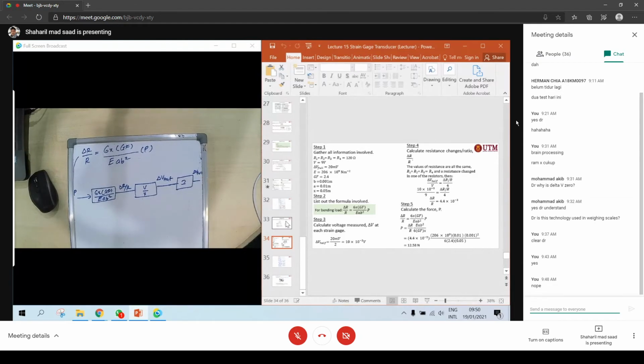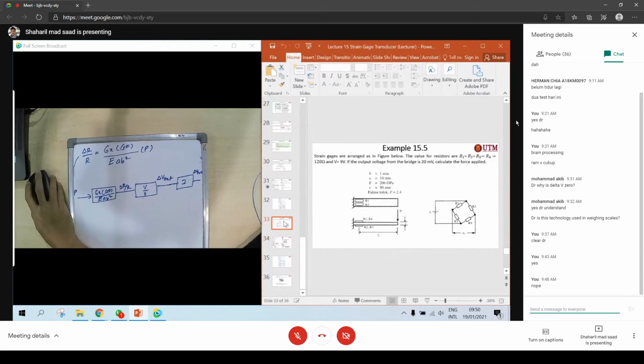However, in this case it gives you the output voltage of the bridge is 20 millivolt. So this one the output is 20 millivolt. So you need to find the inverse, right? Half, and then delta R, because you want to find what is the force applied.